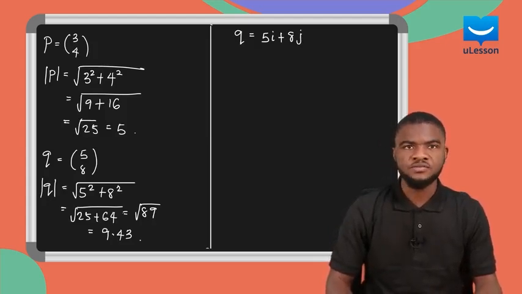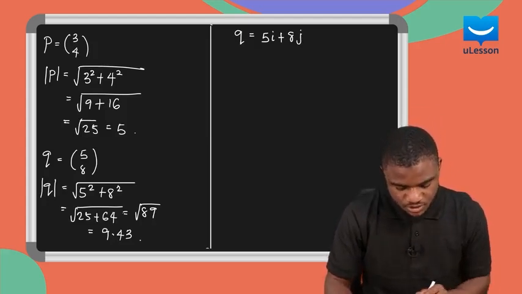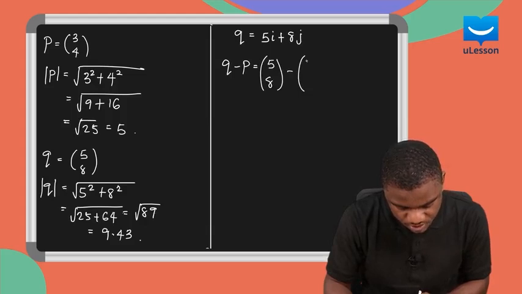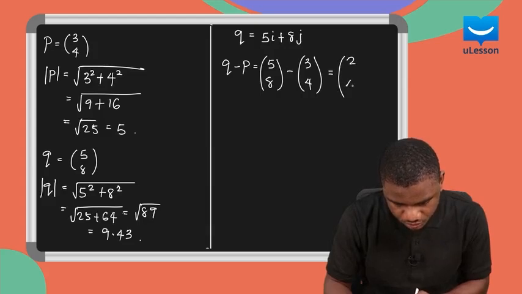And finally, we are to find the magnitude of the vector Q minus P. To do this, we first find Q minus P, which is equal to the vector Q, (5, 8), minus the vector P, (3, 4). And subtracting these values, we have (2, 4).